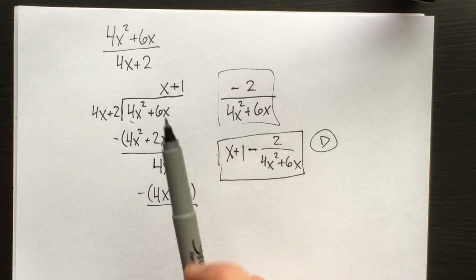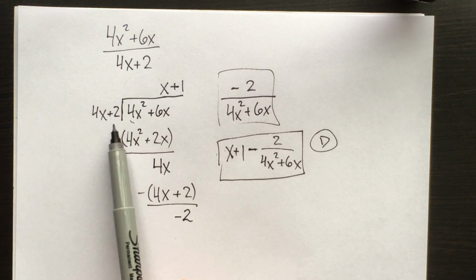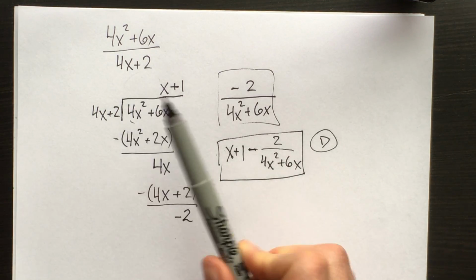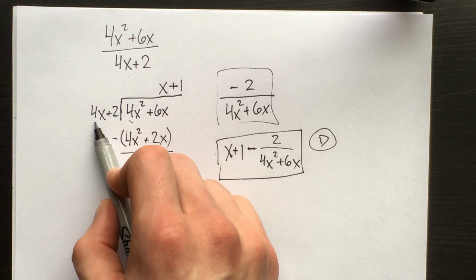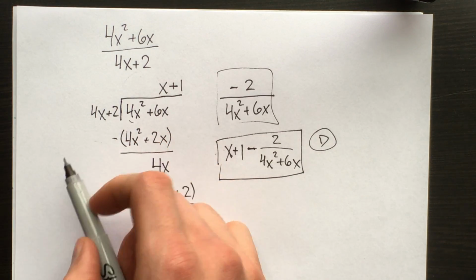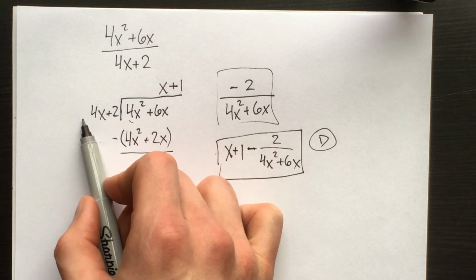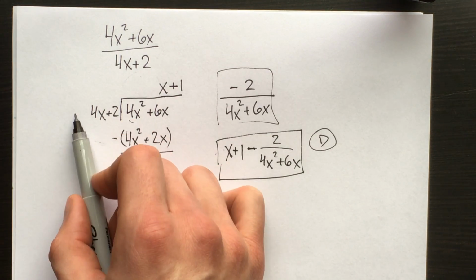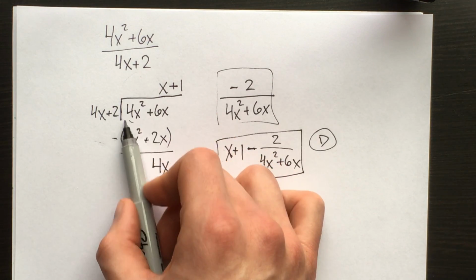How is long division done? We write down what you're dividing on the inside, what you're dividing by on the outside, and then it's a repetitive process of you take the thing with the largest power. By that I mean largest exponent of x, so just 4x. If there was an x squared term, you would use the x squared term. Then you take on the inside the largest power of x term.